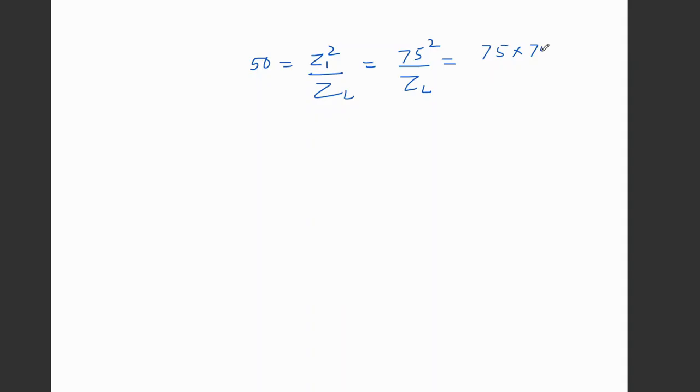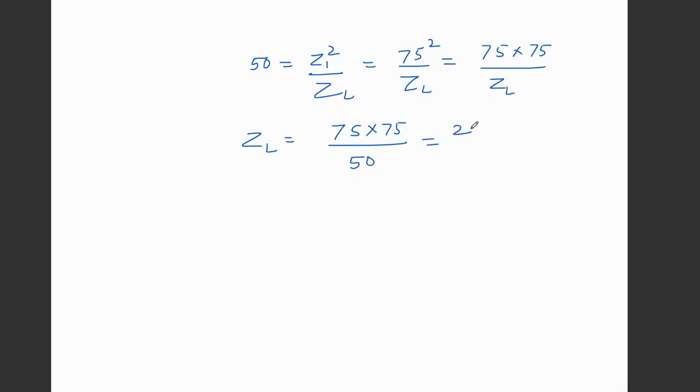So 50 should be equal to Z1 squared by ZL, which is 75 squared by ZL. That is 75 into 75 by ZL. So ZL should be 75 times 75 divided by 50.